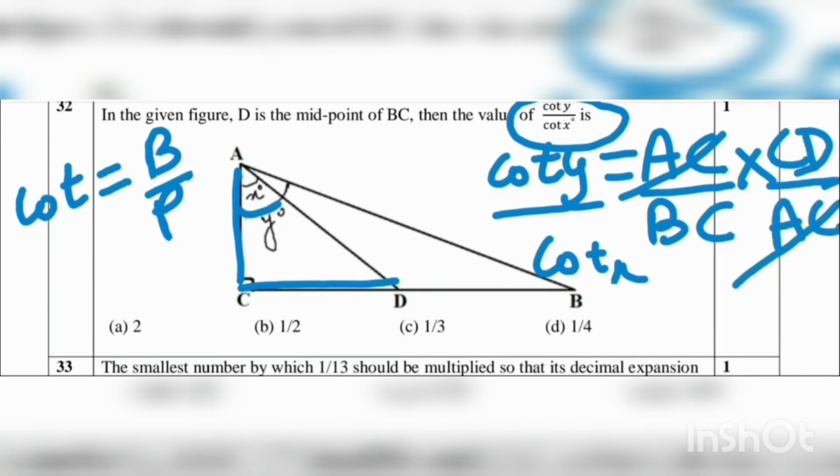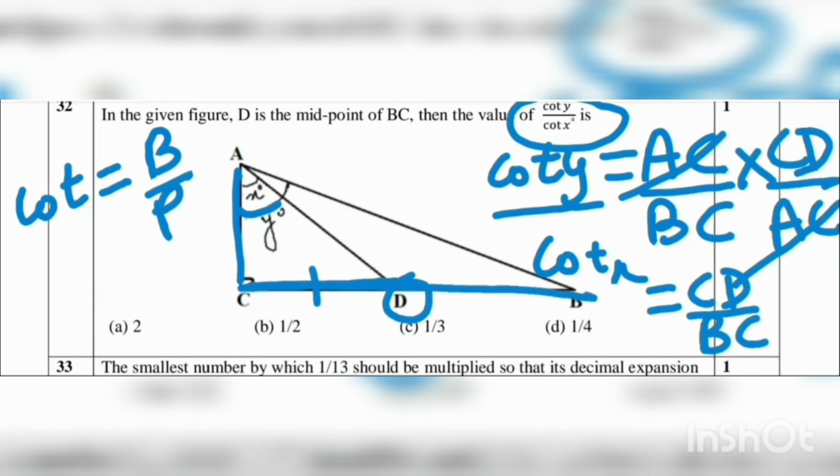Now from figure we know that D is midpoint. So CD is half of BC, because CD is half the length of total length BC. So CD ratio BC will be half. So cot y upon cot x will become half. So option B is the correct answer.